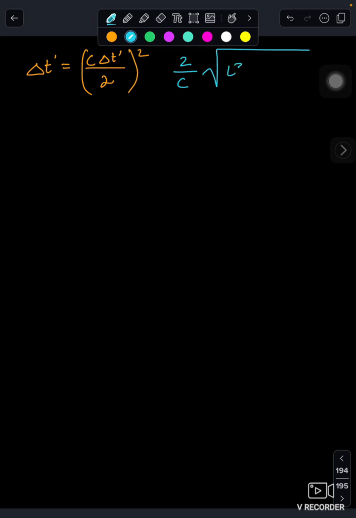Then let's expand more. This can be expanded to c t over 2 square. I'll tell you why I put square. And then 2 over c square root of L square plus V delta t square over 2.